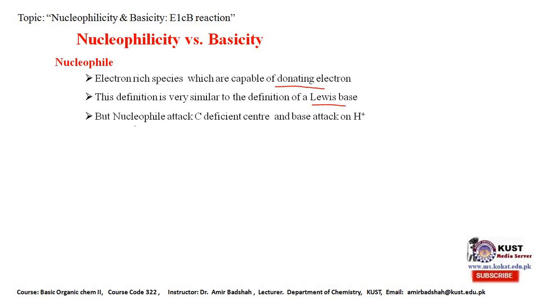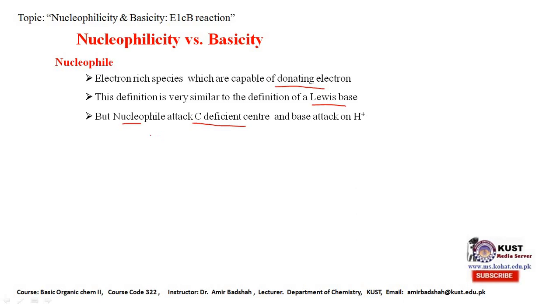But in the case of a nucleophile, the nucleophile attacks an electron-deficient center. If a species having electrons, maybe in the form of a negative charge or maybe in the form of a lone pair of electrons, attacks an electron-deficient center, and that electron-deficient center is carbon, then such an electron-rich species is called a nucleophile.